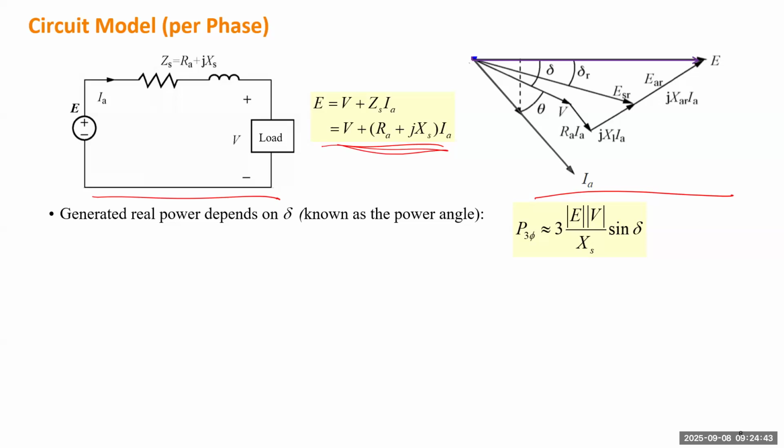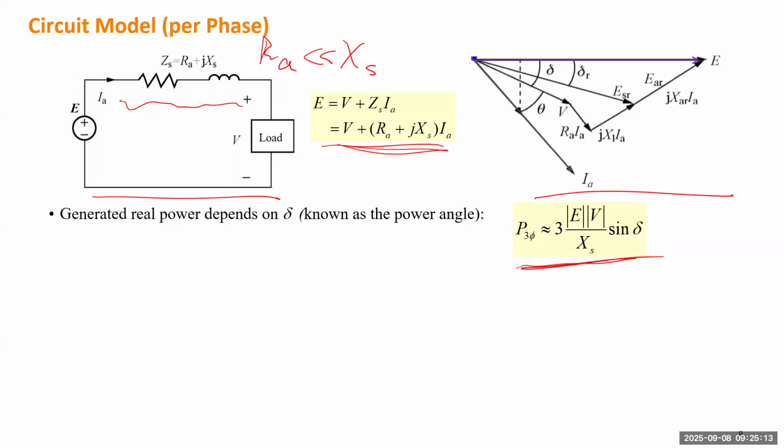We just treat this whole branch as a transmission line with reactance and also resistance. When the resistance is small, which means usually RA can be ignored compared to the synchronous reactance, real power can be estimated based on this formula.